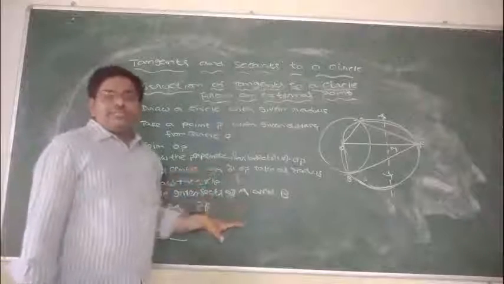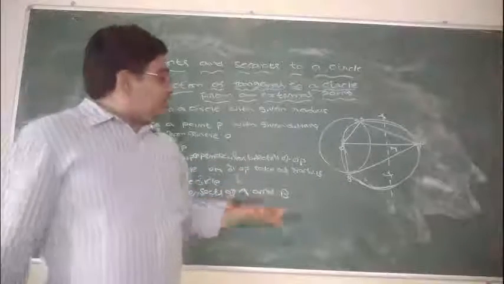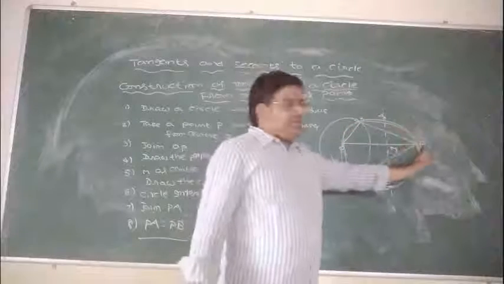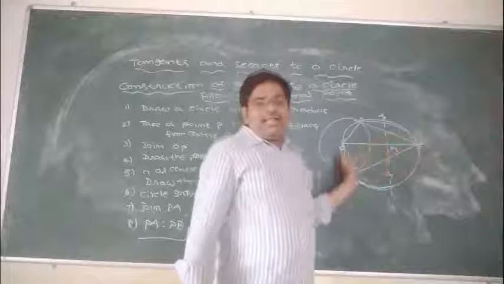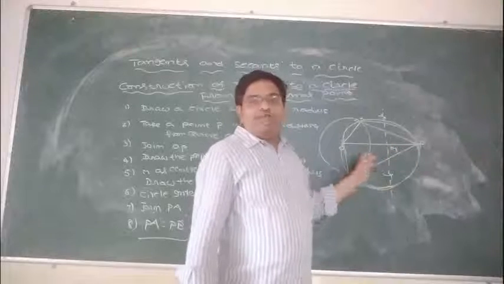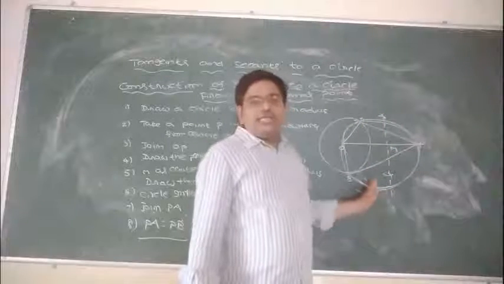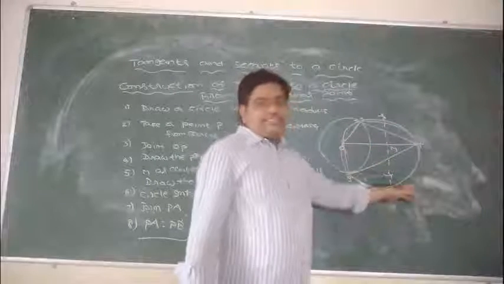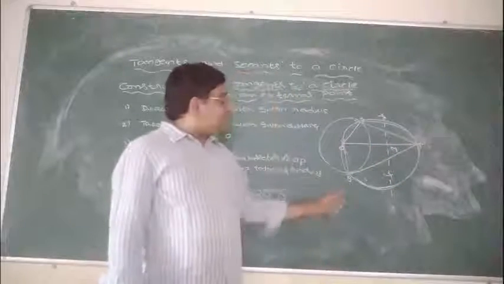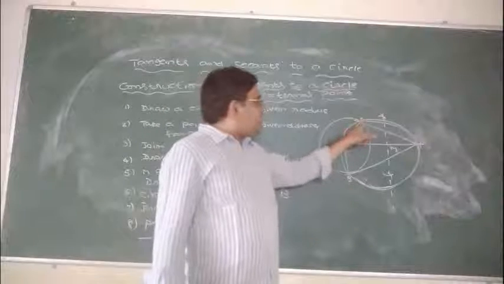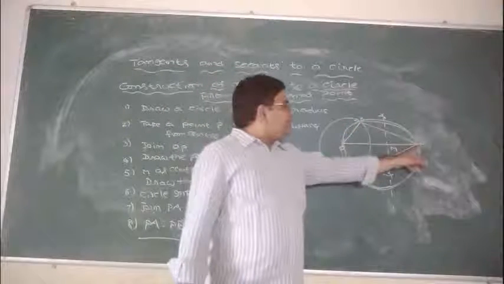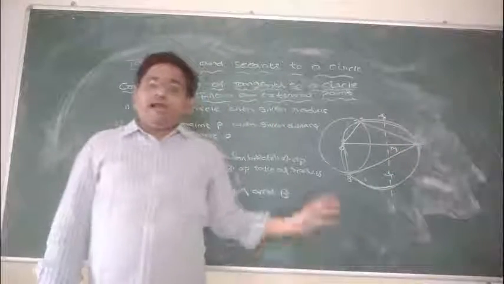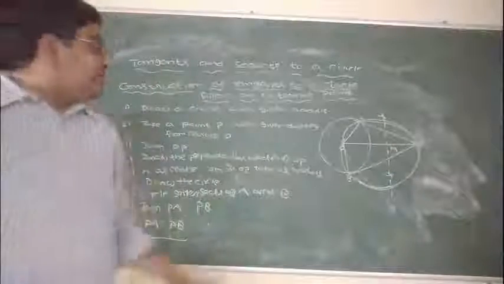First, take a circle. Take one point outside of the circle, then join OP. Then draw the perpendicular bisector. Then with M as center, draw one circle. That circle intersects the original circle at points A and B. Then join P to A and P to B. Then these are called the tangents of the circle.